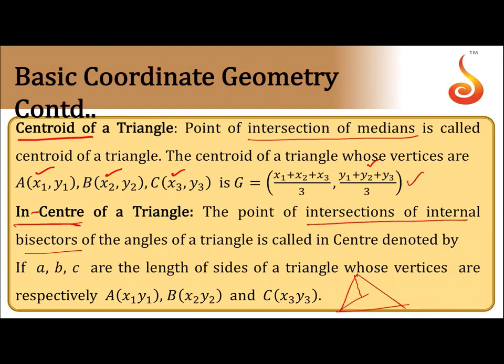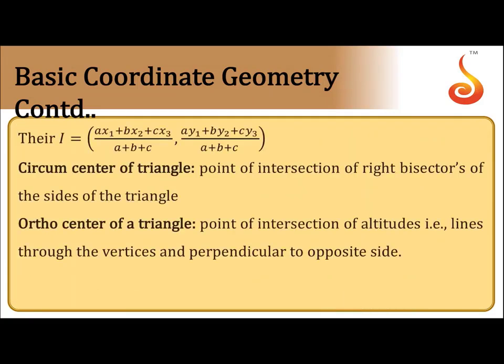If the vertices A, B, C are given to you, the formula to calculate the incenter is (ax1 plus bx2 plus cx3) by (a plus b plus c), (ay1 plus by2 plus cy3) by (a plus b plus c), where small a is the side length opposite to the vertex A, similarly b is opposite to vertex B, and c is opposite to vertex C. The coordinates of A are (x1, y1), B are (x2, y2), C are (x3, y3). Then you can calculate using the formula.